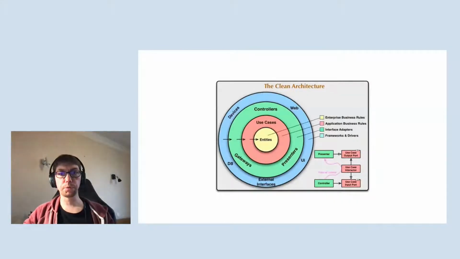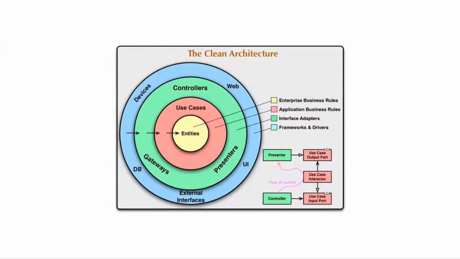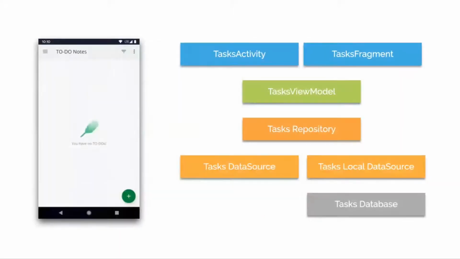If we want to push the interest of the Android architecture a bit further with the clean architecture, that means that we will dive a bit more into this domain aspect with interactor, entity, use case. How we can see here, this application has just a task activity, view model, repository, and all the data components.